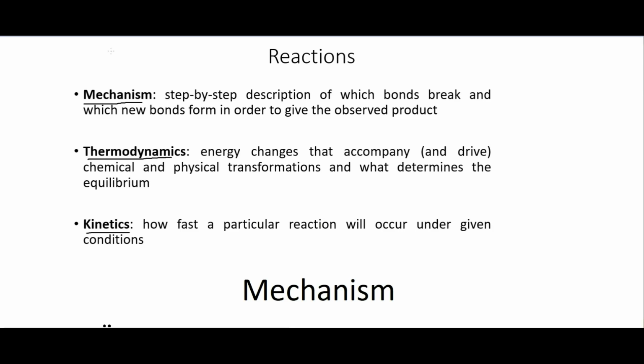In organic chemistry, which is a lot more about industry, we want to know how to control a reaction in certain ways, maybe allowing us to get more of one kind of product than another. So understanding mechanism is important for that.